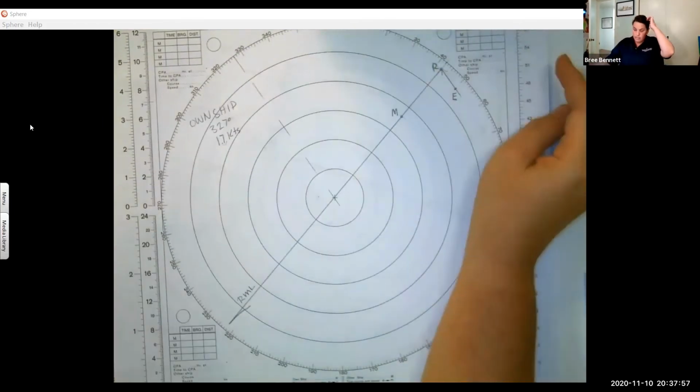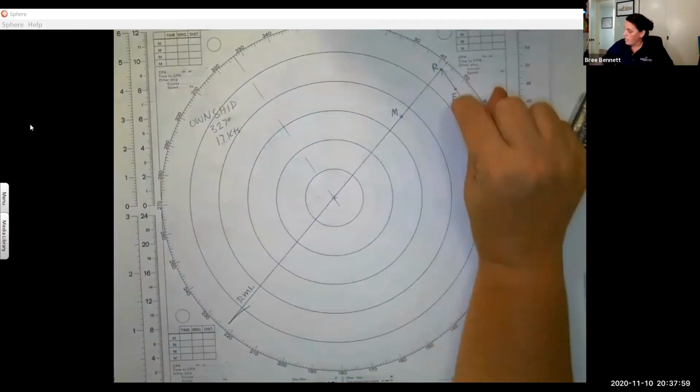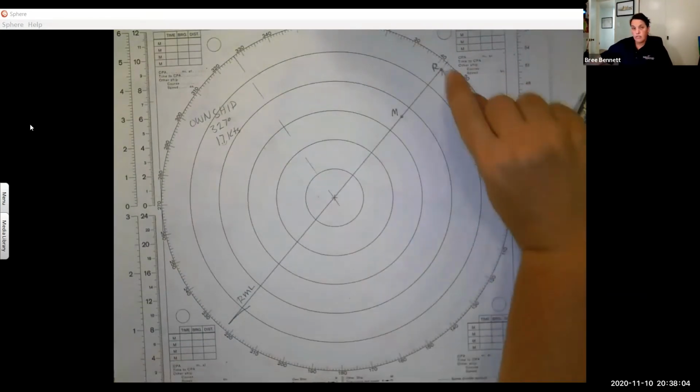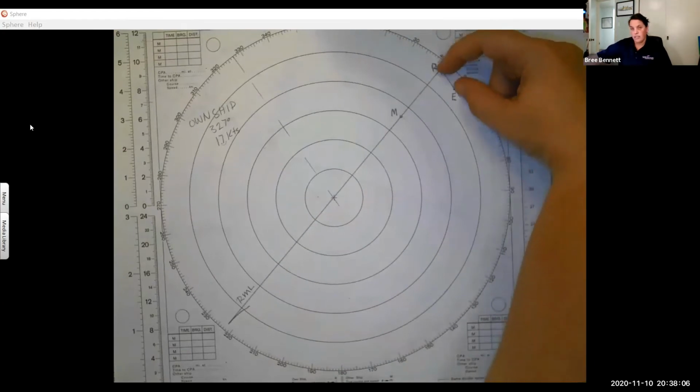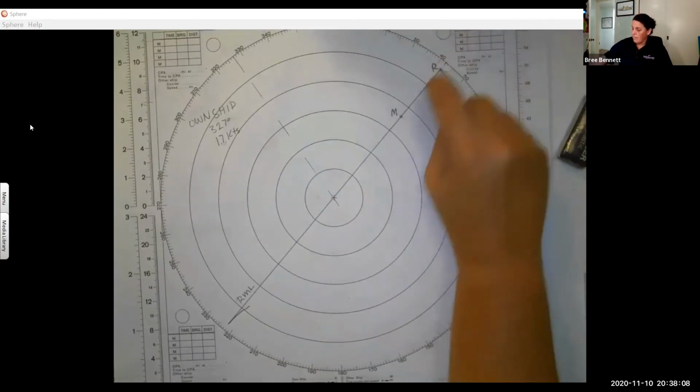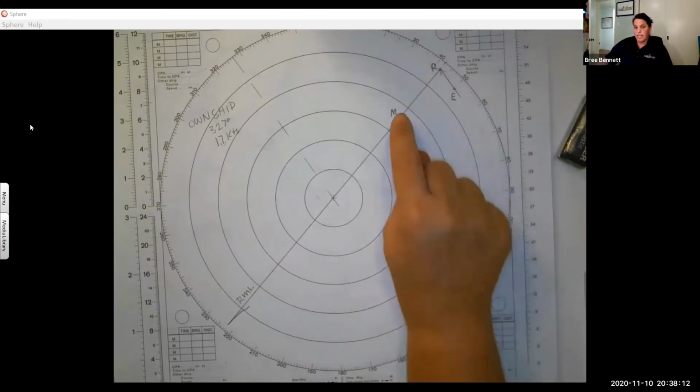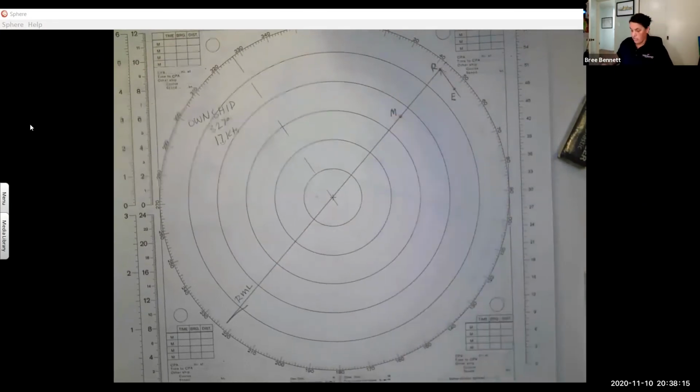Now I can look at my triangle. E to R is my own ship at 327 at 17 knots. R to M is the relative motion line. E to M is them, the other ship.